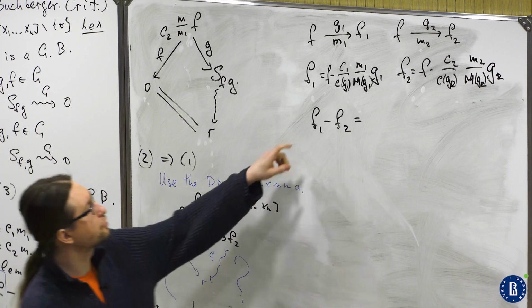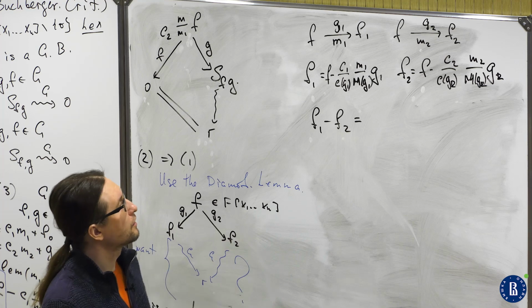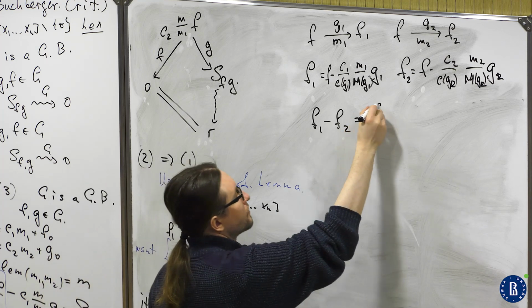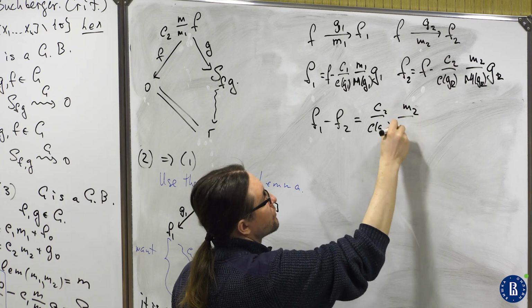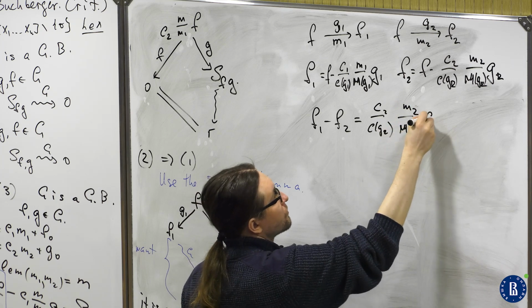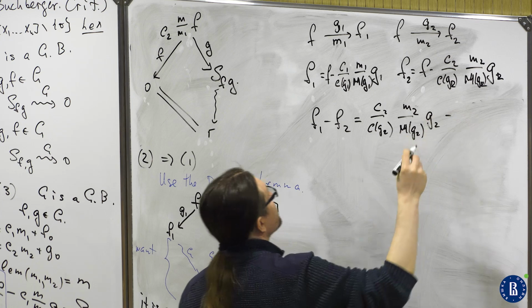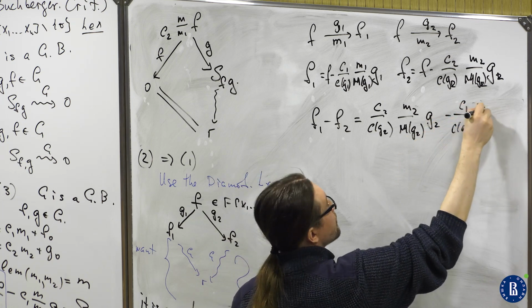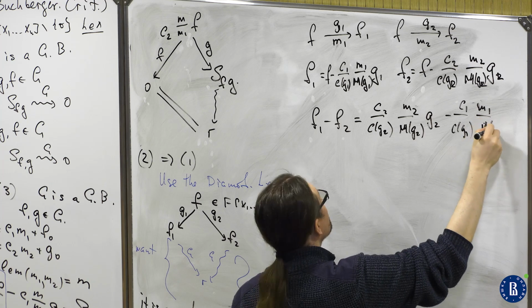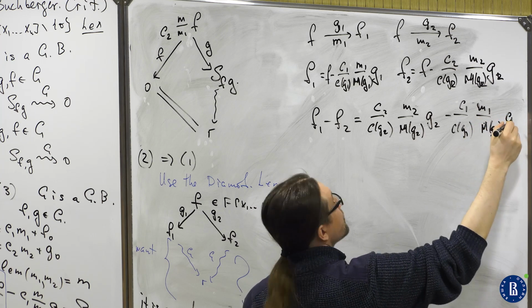So now, if we subtract F2 from F1, the difference will be C2 over C of G2, M2 over M of G2, minus C1 over C of G1, M1 over M of G1.